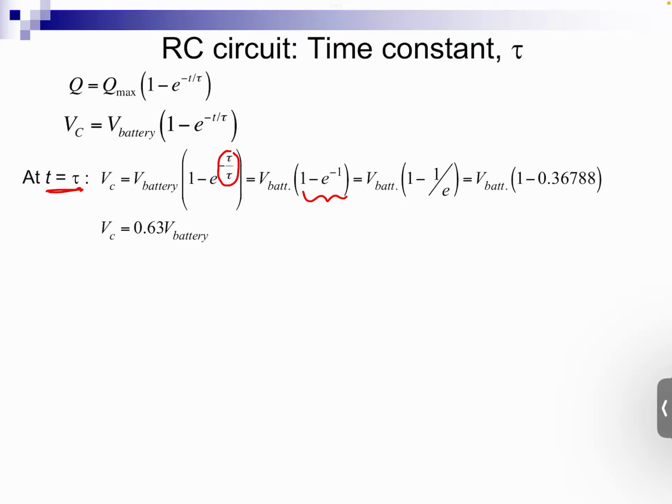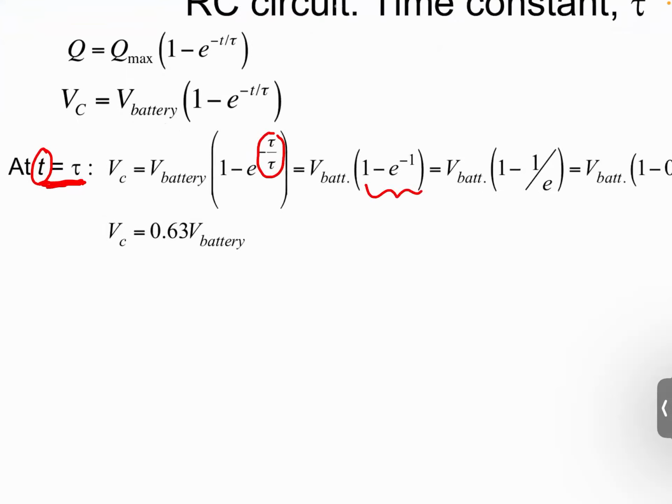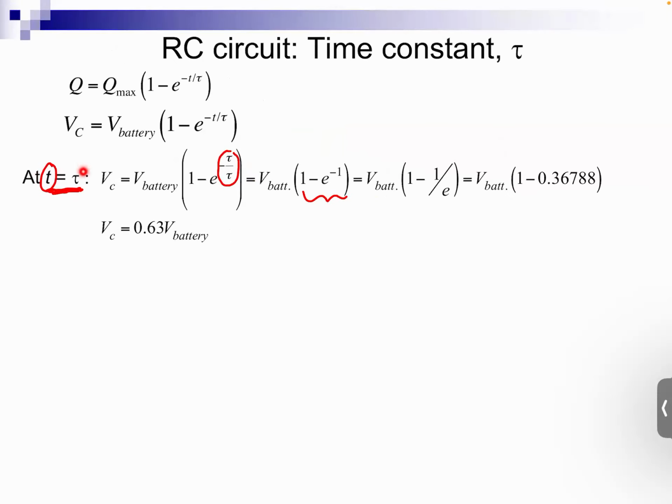Hence, at time t equal to the time constant tau, the voltage across the capacitor plates is equal to 0.63 of the voltage across the battery. And that's why tau, the time constant, is the time it takes for the voltage across the capacitor to charge up to 0.63 or 63% of the battery voltage.